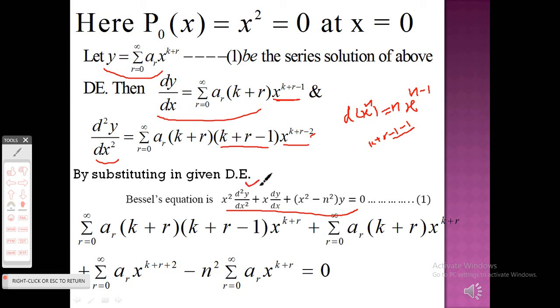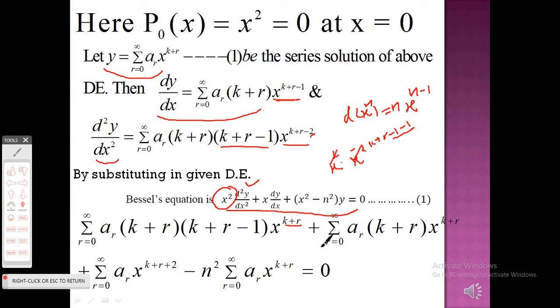Substituting d square y by dx square: summation r equal to 0 to infinity a r, k plus r, k plus r minus 1 as it is, and x square into x to the power k plus r minus 2 gets cancelled, leaving x to the power k plus r.